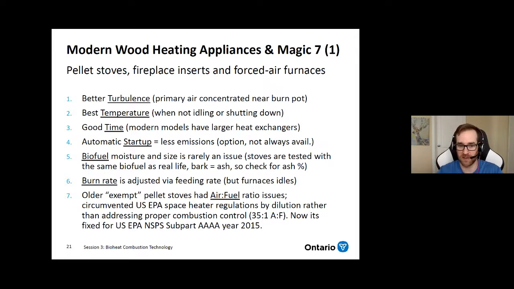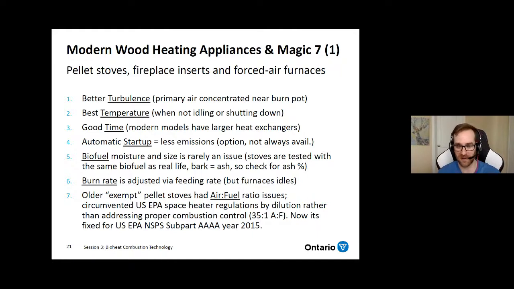When the burn rate is reduced to a minimum, that's also when you have a lot of emissions. The newer ones are tested so that the minimum burn rates do not create a lot of emissions. But a while ago you had what were called the exempt pellet stoves. Essentially, they were circumventing an old rule drafted in the 90s that is now part of history, thankfully.